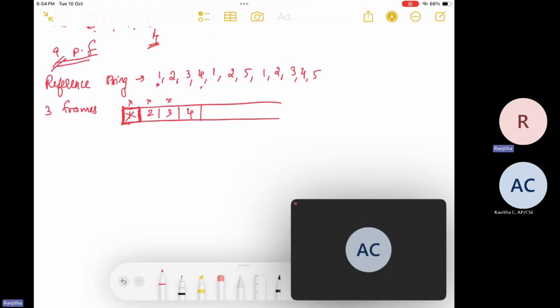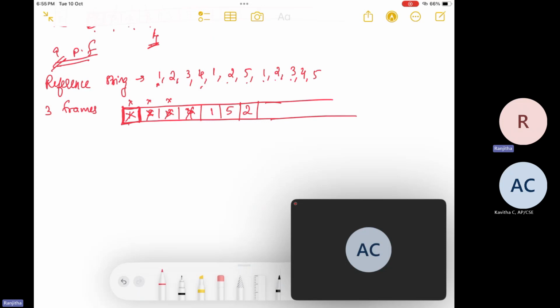Now again 1 is referred. So 2 will be replaced and 1 will be brought in. Now when 5 comes, 3 will be replaced and 5 will be brought in. Again 1 is referred, 1 is present. 2 is referred, 2 is not available, 4 will be replaced, 2 will be brought in. So it's a page fault plus replacement.